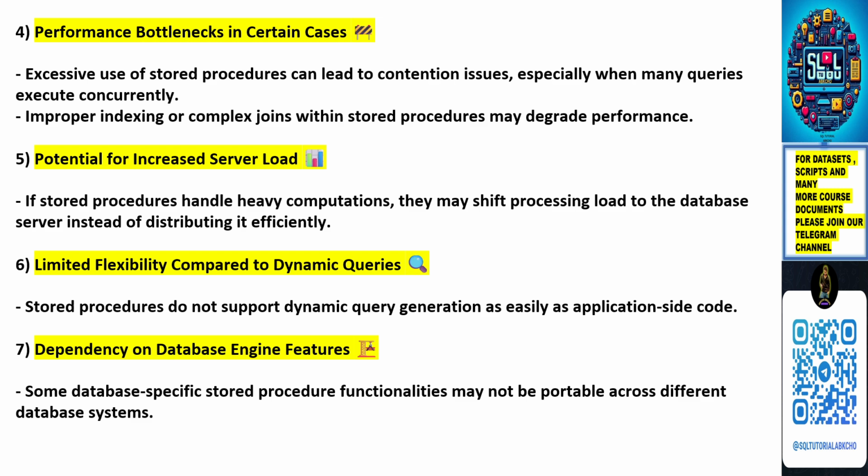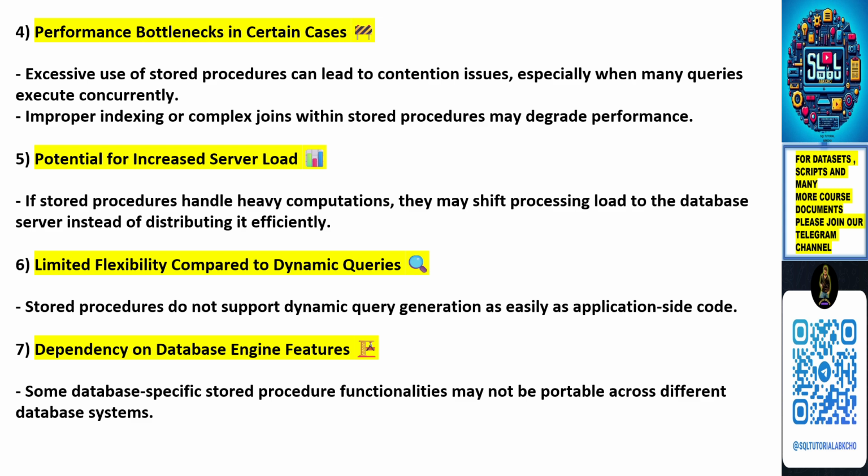Now the fifth point, potential for increased server load. If a stored procedure handles heavy computation, it may shift processing load to the database server instead of distributing it efficiently. Now the sixth point is limited flexibility compared to dynamic queries.